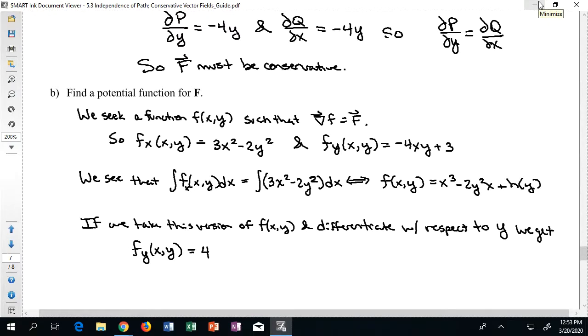I'm going to get a negative 4yx, and then I'll get an h prime of y, right? Because that's got y's in it. But I know something.